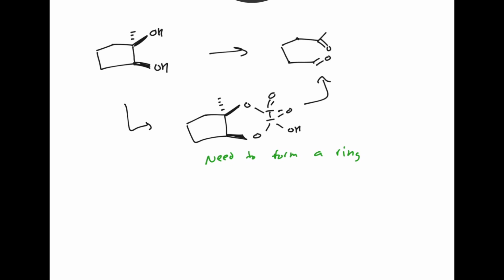Same thing here when you have a trans diol, right? Now the alcohols are on opposite sides of the ring. They're too far apart, so you might be able to stick the iodide on one oxygen, but it's not going to be able to reach the other oxygen to make the ring that you need to make to open up that carbon-carbon bond.